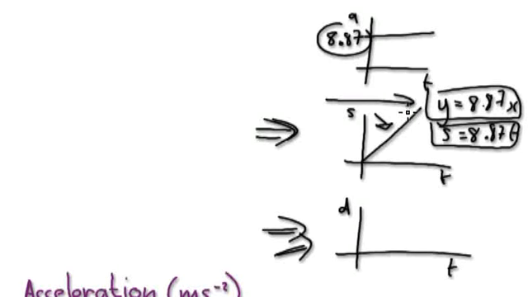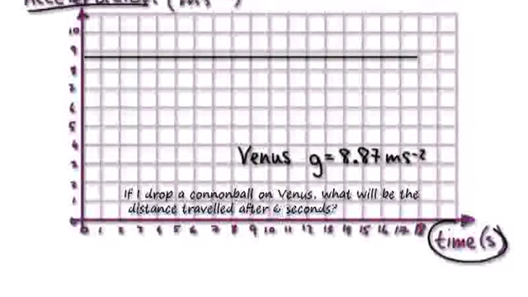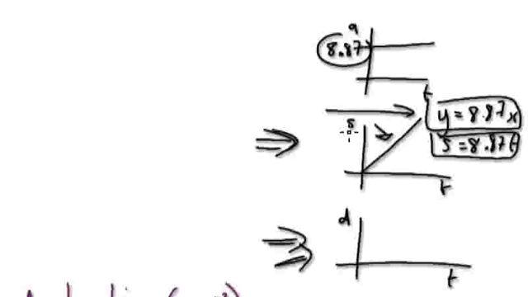Once you've got this, I asked what is the distance traveled after 6 seconds. Just sketch yourself a speed time graph. The height here is found by putting 6 into this equation, and s represents the speed at time equals 6. The across is 6.